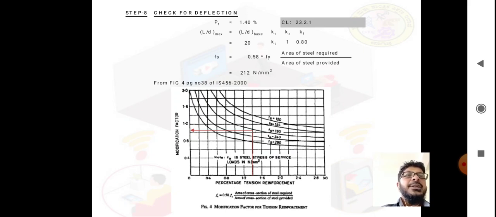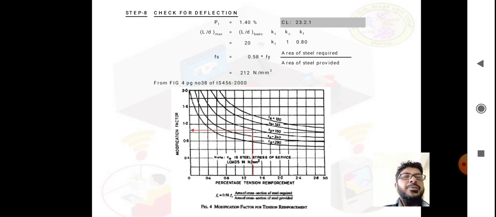KT is the reduction factor for tension reinforcement, KC for compression reinforcement, and KF is the reduction factor for flanged section. Already we have calculated the reduction factor for flanged section Kf as 0.8. Same thing we will take, and Kc value is 1 because there is no compression reinforcement in this section, and we will calculate now Kt.